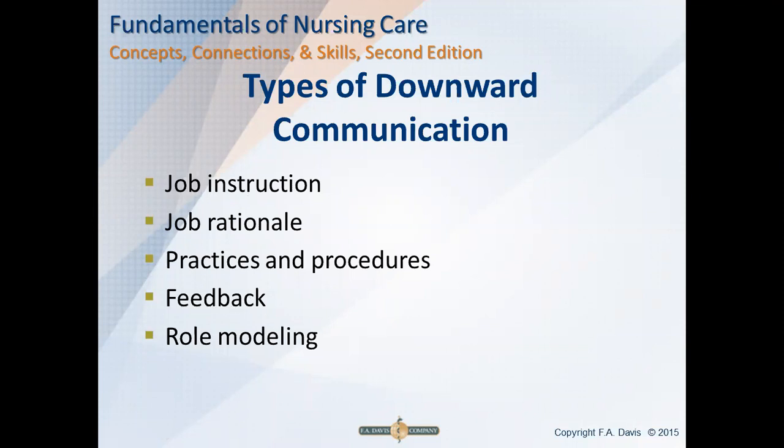Downward communication is the flow of information and messages from a higher level inside an organization to a lower one. Effective downward communication is very crucial and vital to an organization's success.